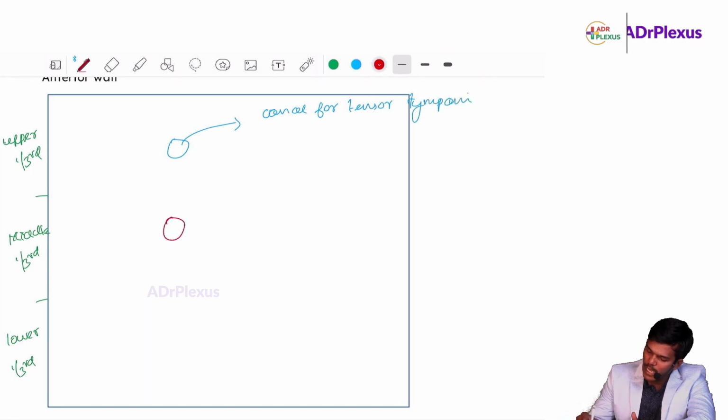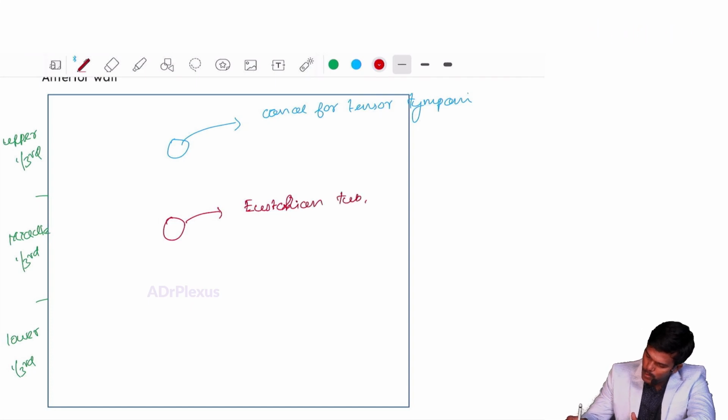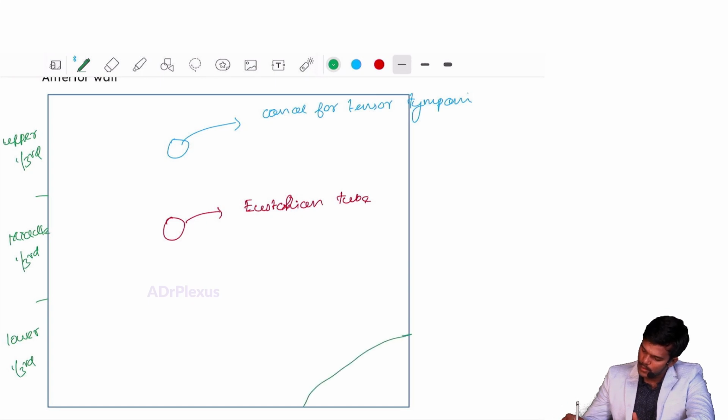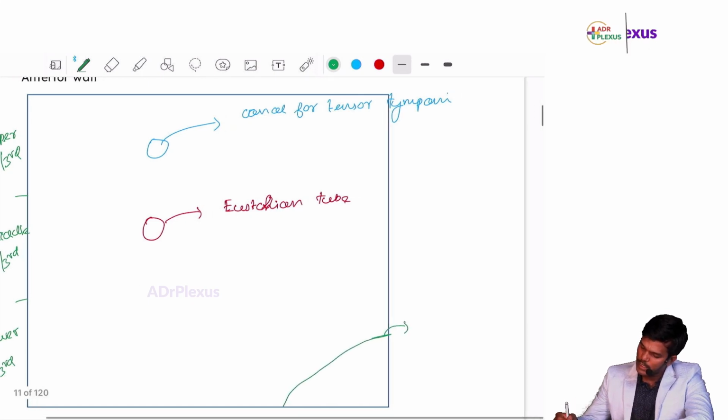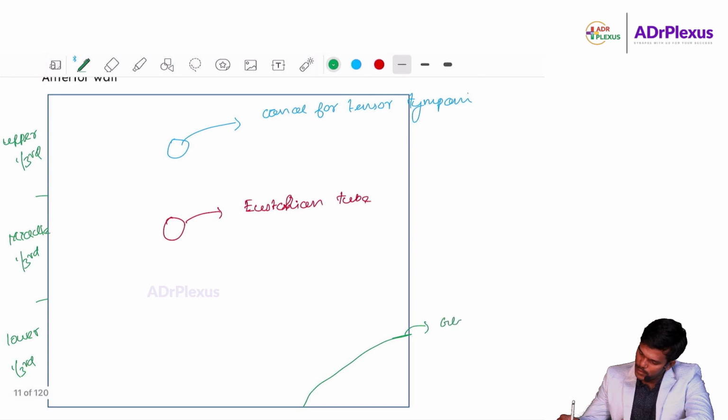The middle 1/3 will be having a canal for Eustachian tube. The lower 1/3 will be having a Glaserian fissure.